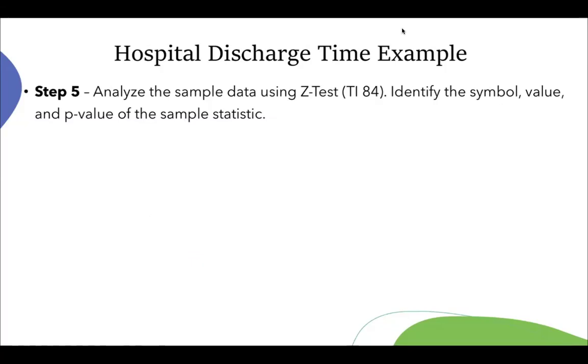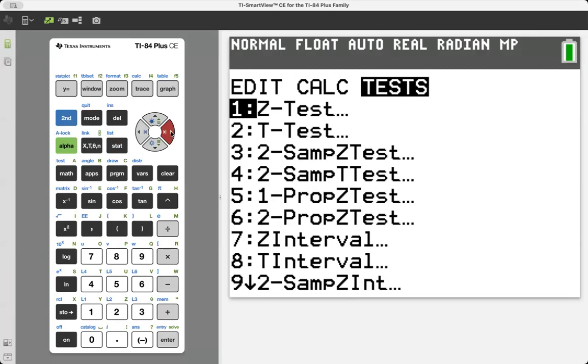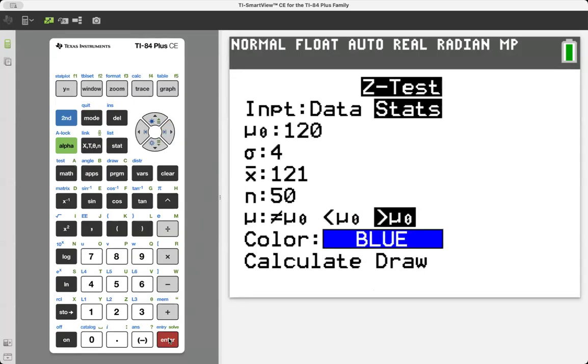So we're going to go to the z-test on our calculator now, and we're going to calculate the p-value of the sample statistic. Let's open up z-test. I'll do this with you. We're going to do stat, tests, z-test number 1. Make sure we're highlighting stats. Only highlight data if you're provided with raw data. The mean was 5. The standard deviation provided was 1.